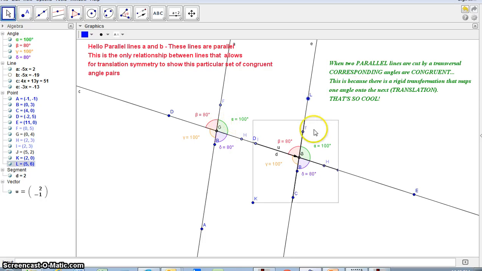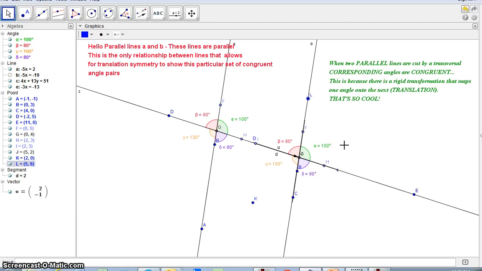So this green angle is congruent to this green angle, purple congruent to purple, orange congruent to orange, red congruent to red. The term corresponding means they are in the same place relative to the intersection from translation to translation.